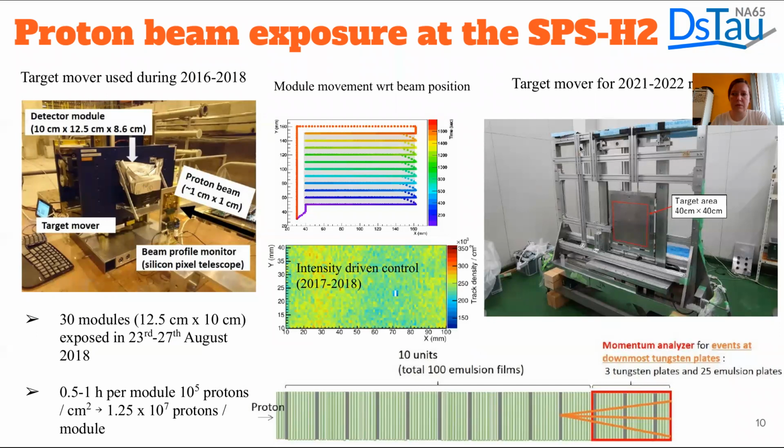So we prepared a target mover which is able to move a larger detector, and we will increase the detector size. This will allow us to speed up scanning, since the main time during scanning is spent by the shifter changing emulsion plates on the scanning station, not on the scanning itself.